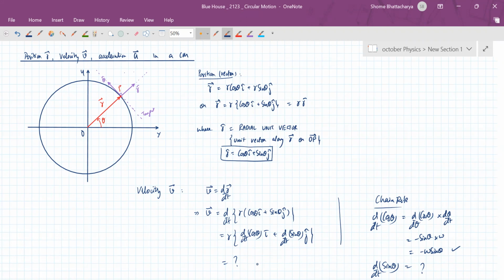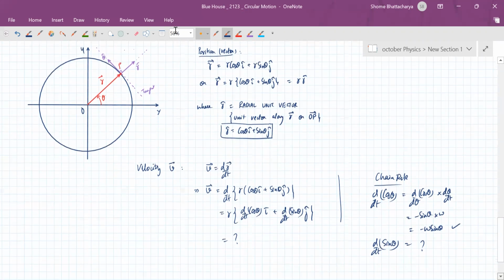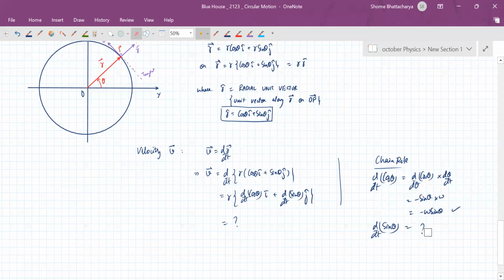So yes, by velocity you mean linear velocity. Velocity is just the definition of the velocity vector. It is the rate of change of position or displacement, so it can be called linear velocity or translational velocity.